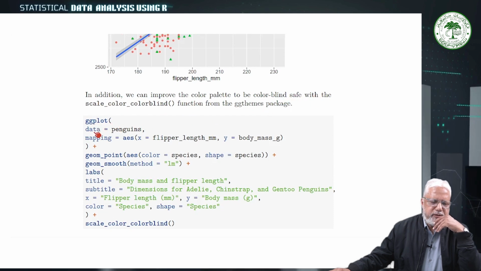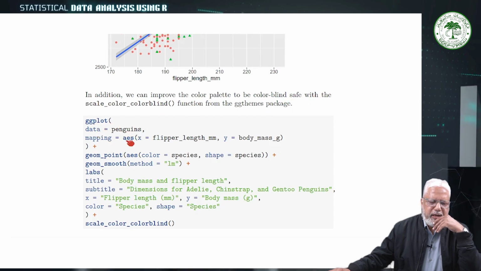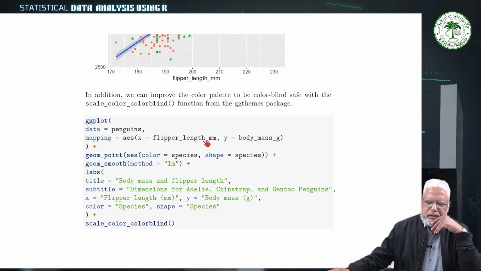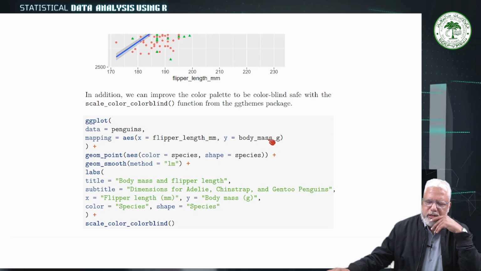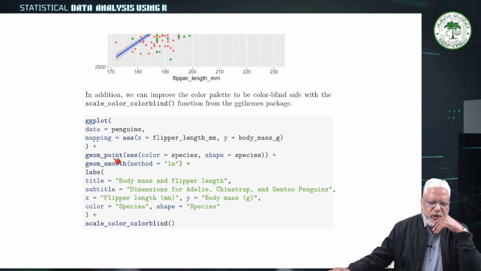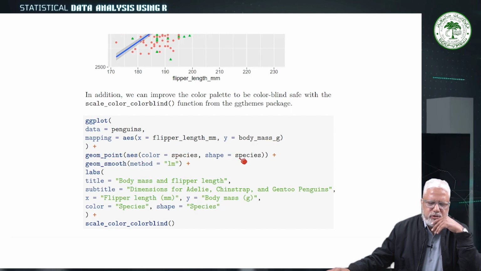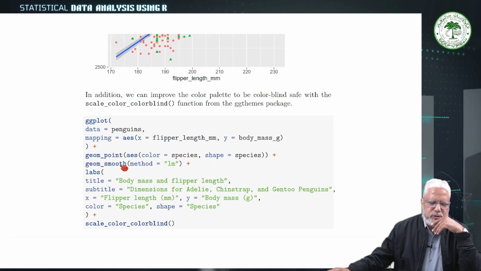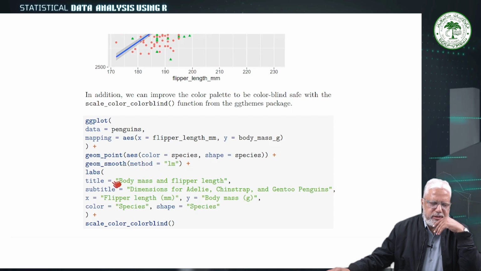So, ggplot data is equal to penguins mapping aes, x is equal to flipper length in millimeter on the x axis, y is equal to body mass in gram, plus geom_point aes, color is equal to species, shape is equal to species, plus geom_smooth, method is equal to lm, plus labs.